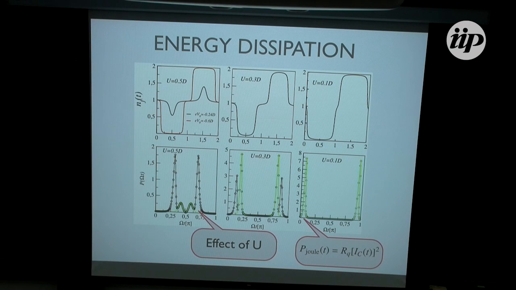In this regime, the quantum dot is occupied, so here is the occupation of the quantum dot as a function of time. These peaks take place just when the quantum dot is occupied by a single electron.